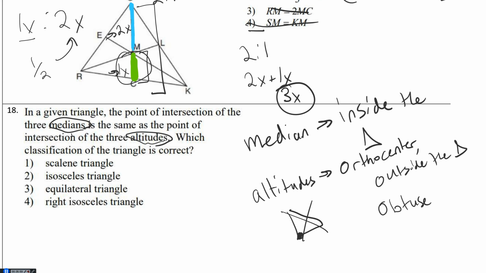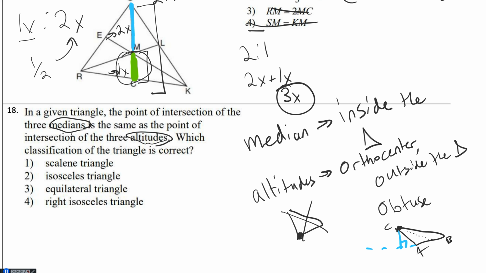Because remember, for an obtuse triangle, if I'm trying to draw an altitude from point C to side AB, there's no way I can get there by making a right angle. So the only way to do that is by extending the side AB and drawing the altitude there.